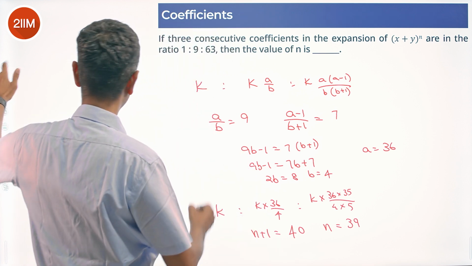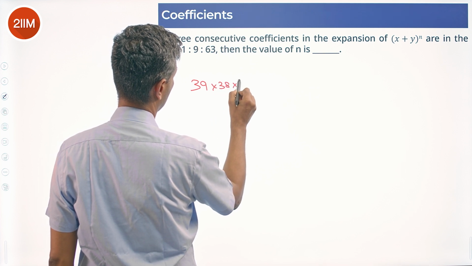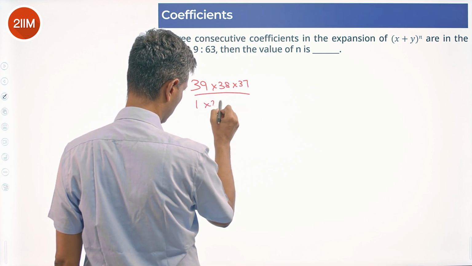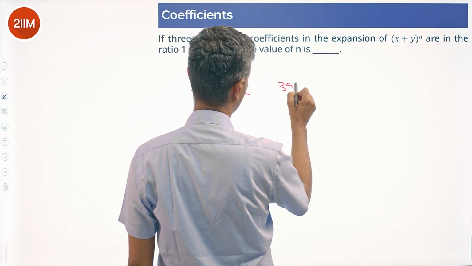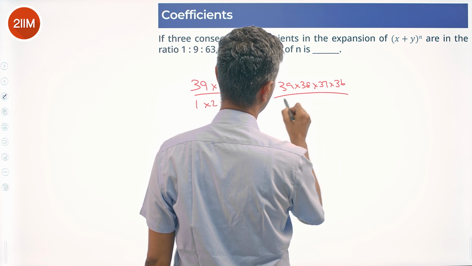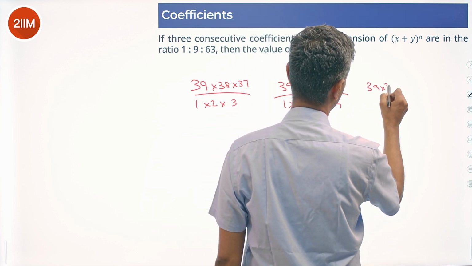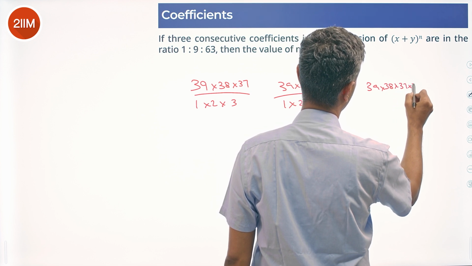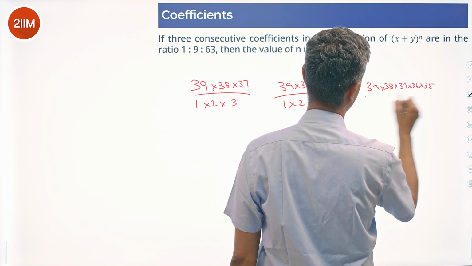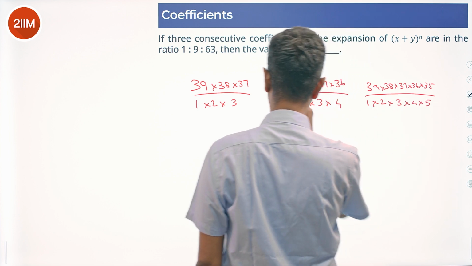More specifically, I have 39 into 38 into 37 by 1 into 2 into 3, 39 into 38 into 37 into 36 by 1 into 2 into 3 into 4, and 39 into 38 into 37 into 36 into 35 by 1 into 2 into 3 into 4 into 5.